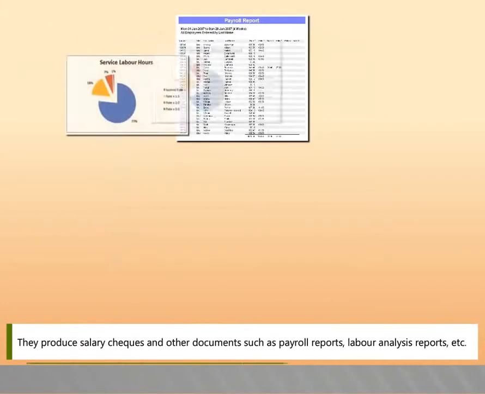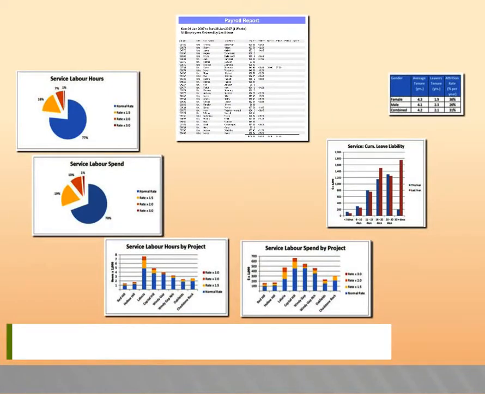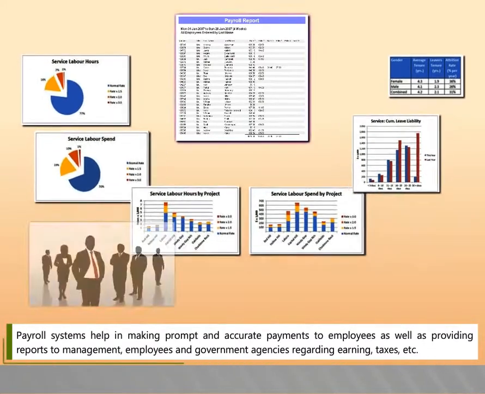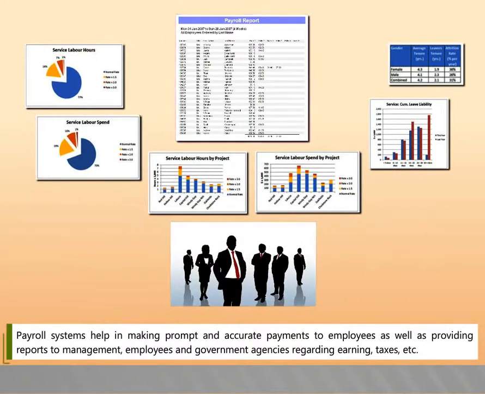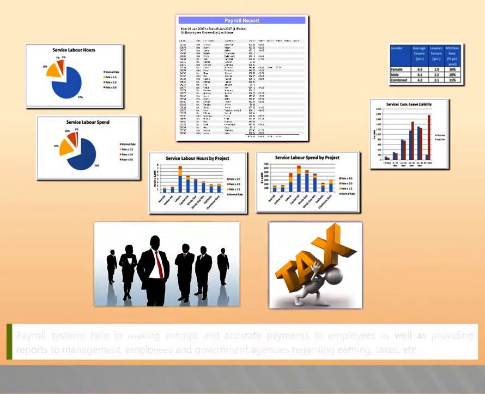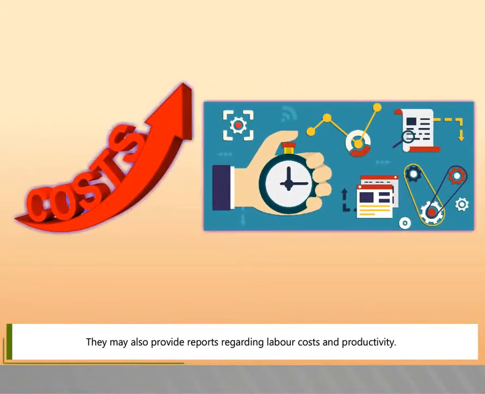They produce salary checks and other documents such as payroll reports, labor analysis reports, etc. Payroll systems help in making prompt and accurate payments to employees as well as providing reports to management, employees, and government agencies regarding earning, taxes, etc. They may also provide reports regarding labor costs and productivity.